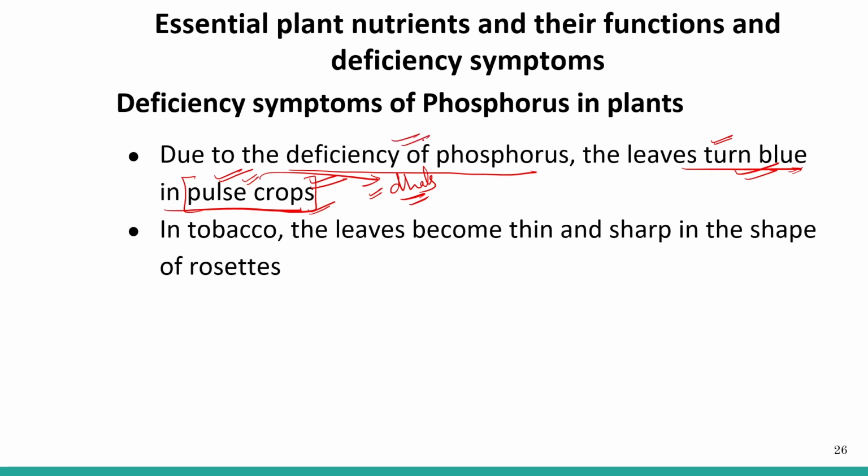This shows the deficiency of phosphorus. In the tobacco plant, the leaves become thin and sharp in the shape of a rosette. Rosette means a group of leaves like this. This is the deficiency symptom of the tobacco plant.